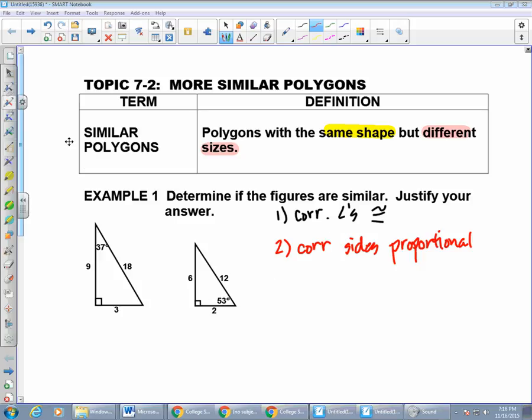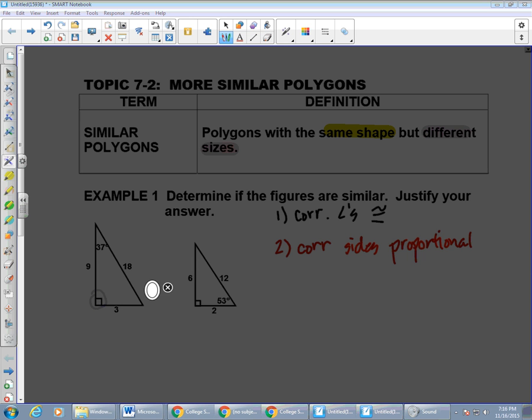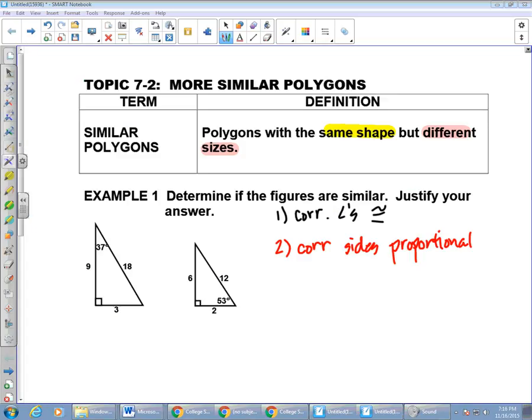corresponding angles are congruent. When I look at these two triangles, the first thing I notice is I have a right angle here, and I have a right angle here, so that's all good. But I don't know what this angle is, and I don't know what this angle is, but I know that a triangle has 180 degrees, so I can figure this out. I'm going to take the easy route.